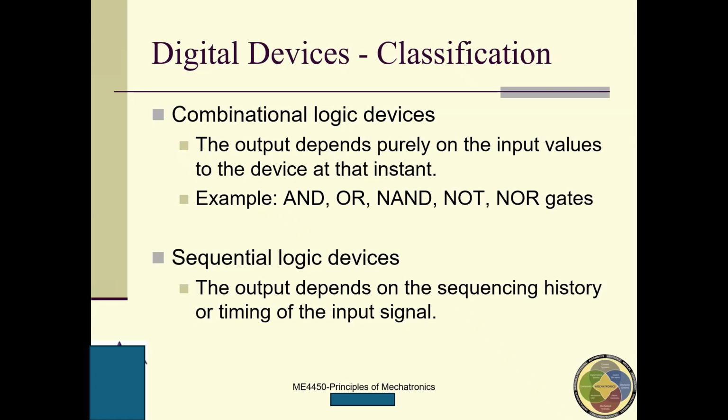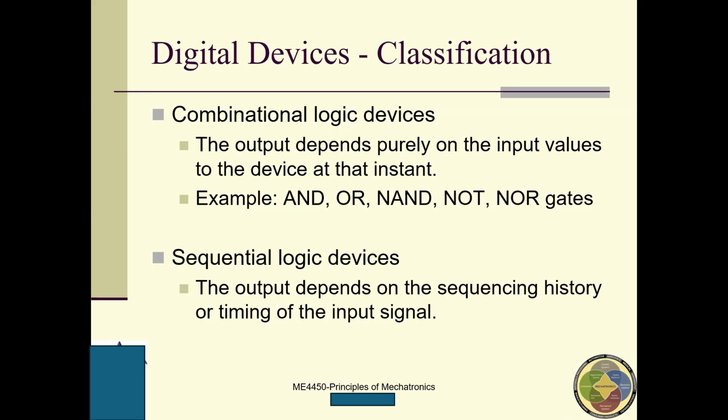The difference between these 2 is that for the first set of devices, the output is only dependent on the inputs at that instant. However, for sequential logic devices, the output is not just dependent upon the current status of the input, but also the history of the input. That's the reason it is called sequential.